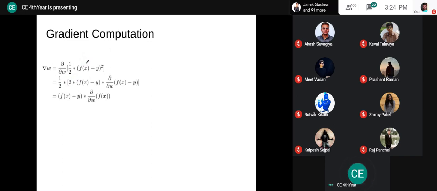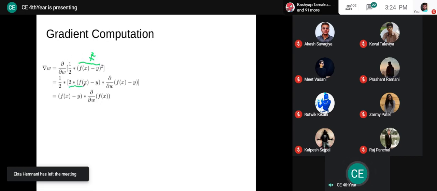So first, we use the chain rule. You can consider this as, let's say, x square. Right? So we know that for x square, the partial derivative is 2x. So that is 2x.